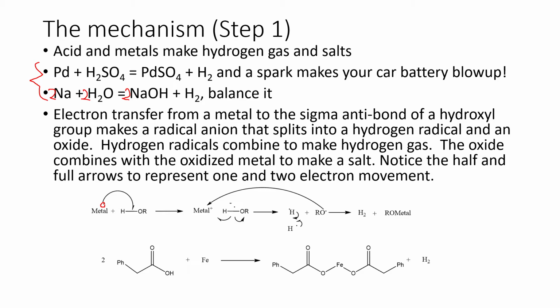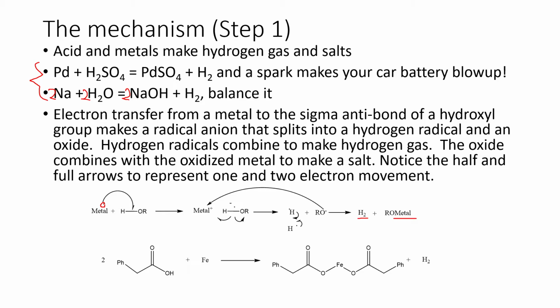Another radical hydrogen from another reaction, so this has to be performed twice, comes down to form the hydrogen gas. Meanwhile, our oxide, which is negatively charged, is able to combine with our metal that is positively charged. And what we end up getting is hydrogen gas plus our new oxide metal.